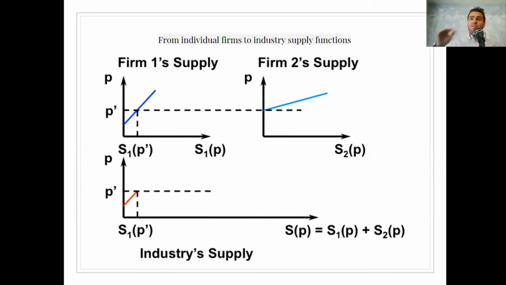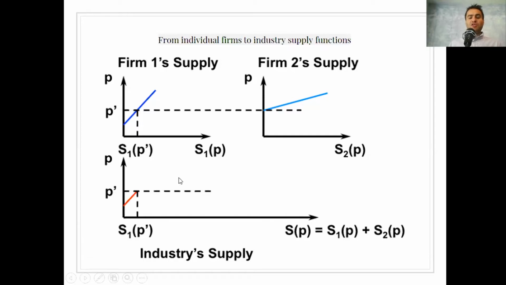There comes a point in which only the most efficient one of these fast food restaurants will be able to open at this price. So let's think of that price as P prime that we're seeing in the graph. At P prime, or anything around this, firm 1 is sufficiently efficient that at a price even below P prime, they would be willing to produce.